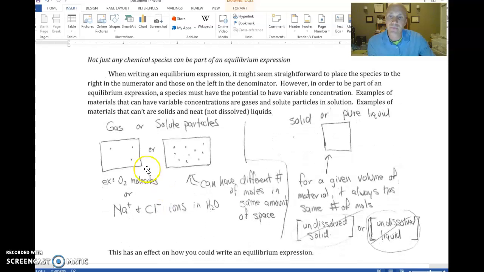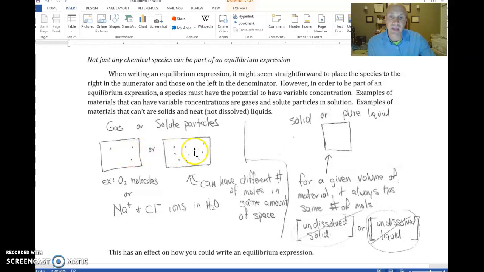First of all, things that can have variable concentrations. Let's pretend you've just got a box, and in this box I've got 3 gas particles, and in this box right here, which is the exact same volume, I just have a lot more gas particles.